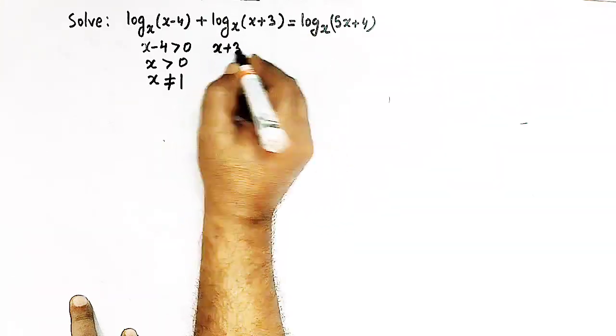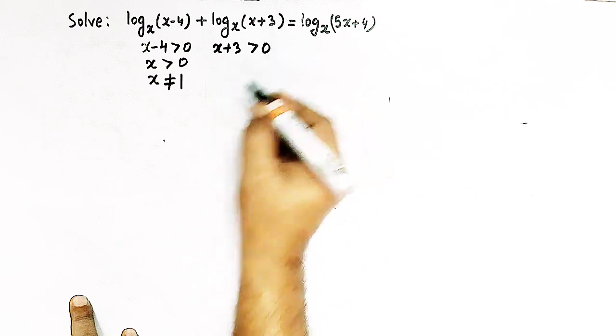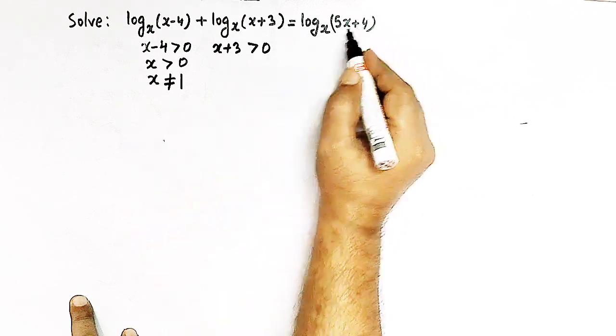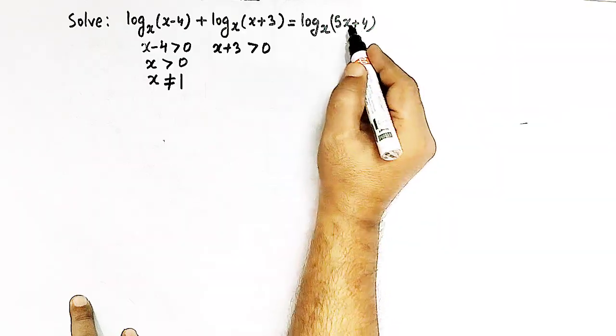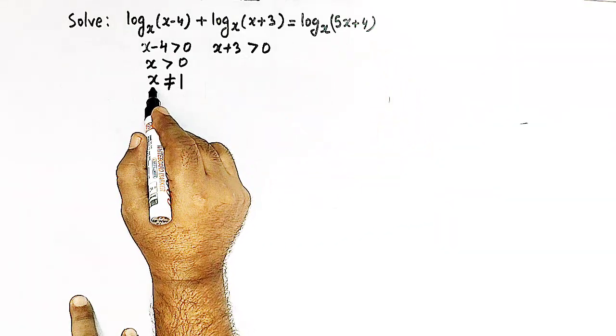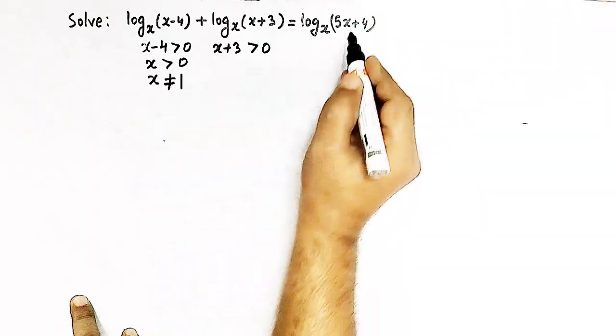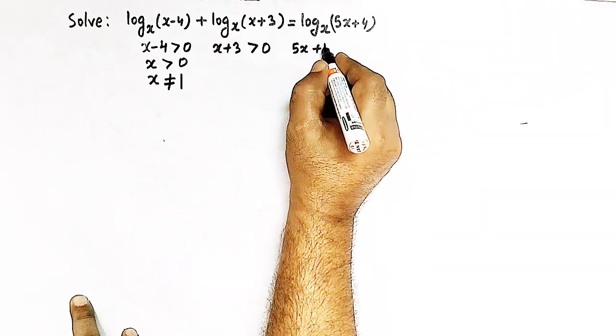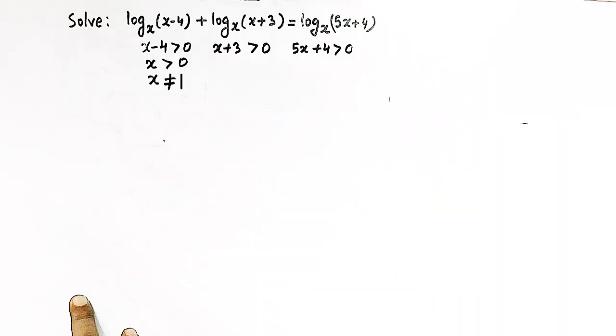So x should be greater than 0 and x cannot be equal to 1, and moreover here we must have x plus 3 greater than 0, and here we have a logarithm of 5x plus 4 to the base x, right? So here x should be greater than 0 and x should not be equal to 1, and here we should have 5x plus 4 greater than 0, right?